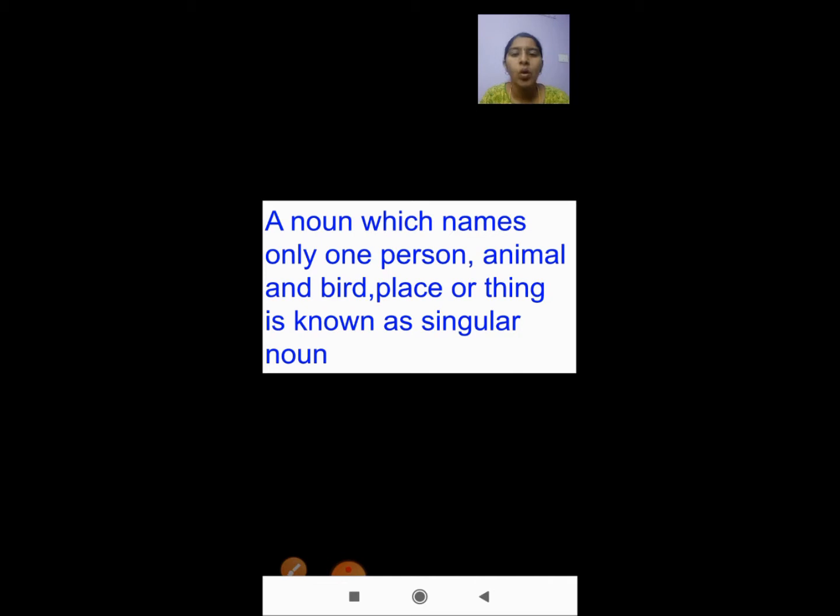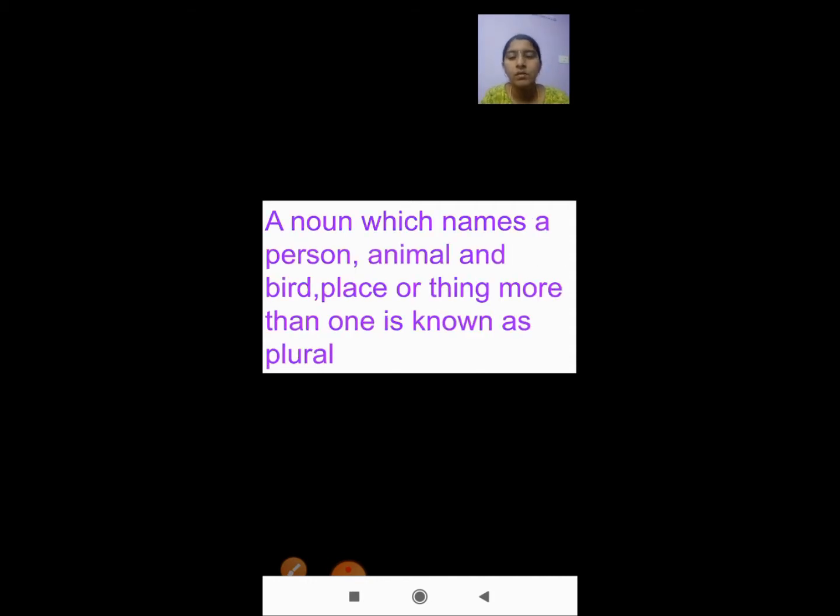A noun which names only one person, animal, bird, place or thing is known as singular noun. If it is representing only one noun, then it is called a singular noun.